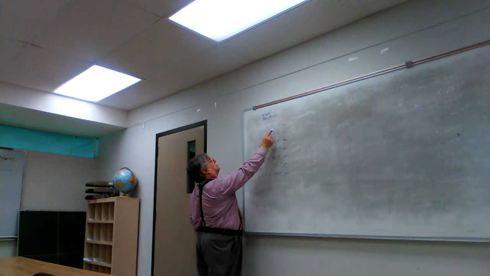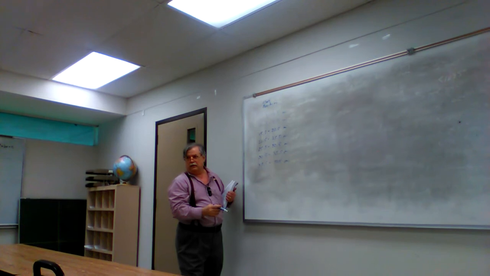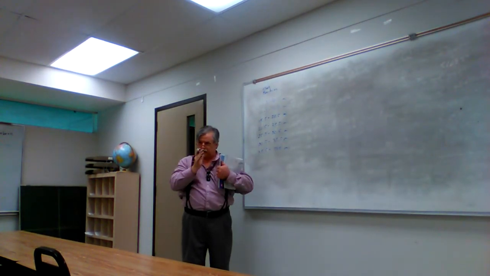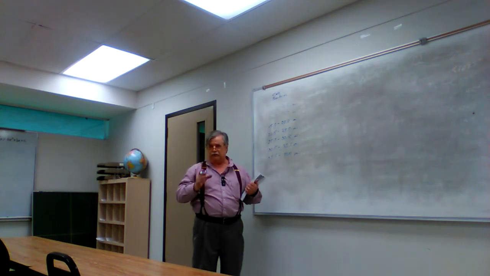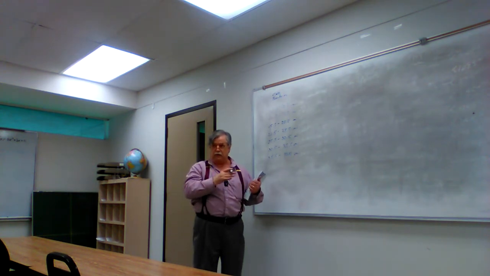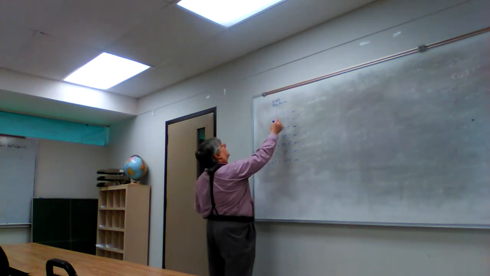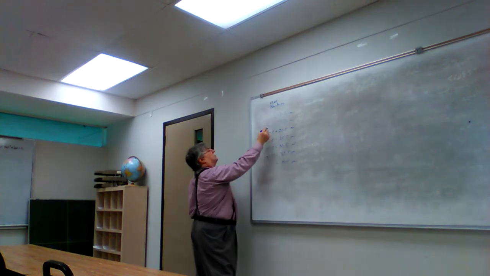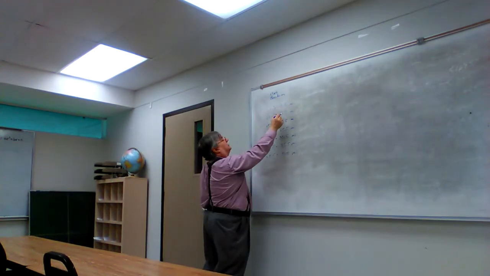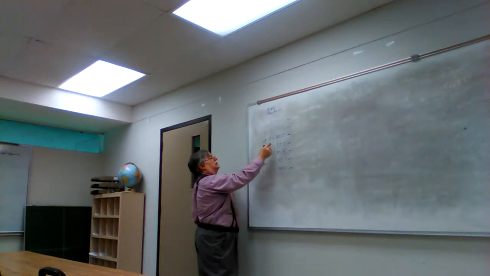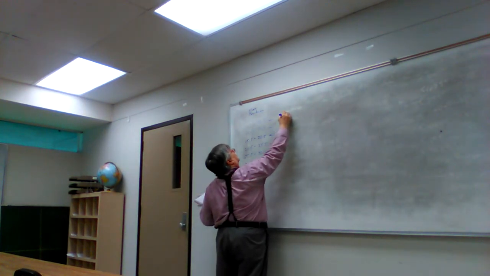Class limit for the first one would be 6 to 10. Remember, you put the boundaries between the class limits to make sure that you explicitly confirm that there's no data that falls between the two classes. This one goes from 6 to 10. This one goes, what's 10.5 up a half? Would be 11 to 15, 16 to 20. See, these are the class limits.